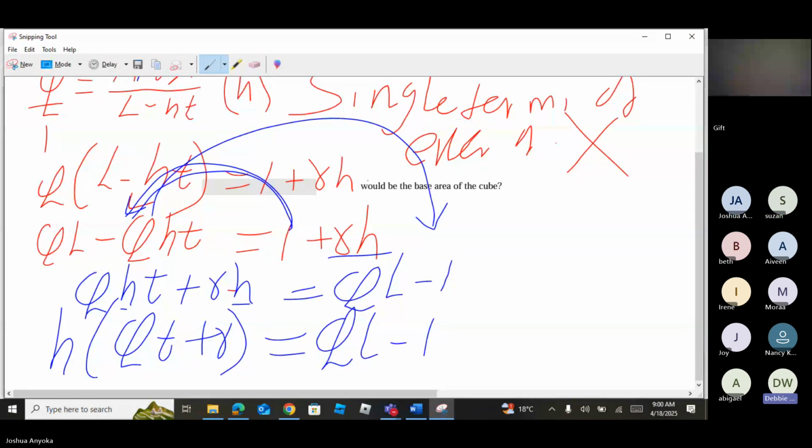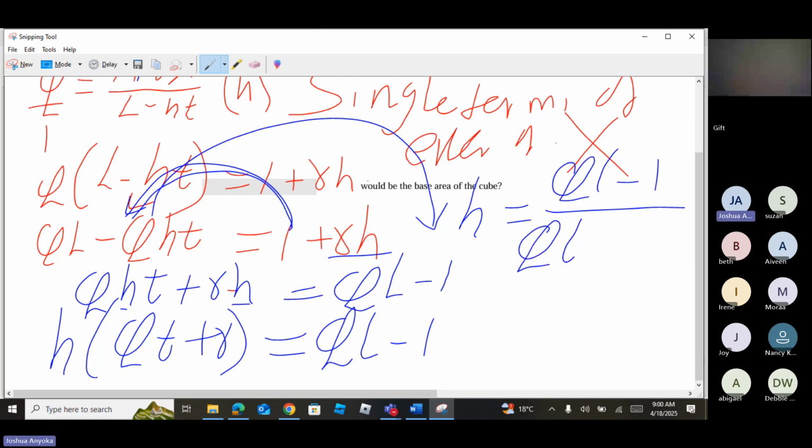Good. So we want to remain with the H. So divide by QT plus R. So our H is equal to QL minus 1 over QT plus R.